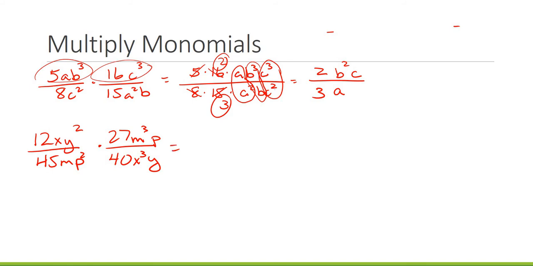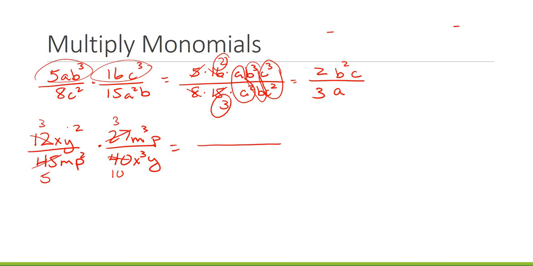Okay, I'm going to work this a little different way. I'm going to just do my canceling first. I know that 45 and 27 are both divisible by 9. And I know that 12 and 40 are both divisible by 4. I have 3 times 3 on the top, 5 times 10 on the bottom.